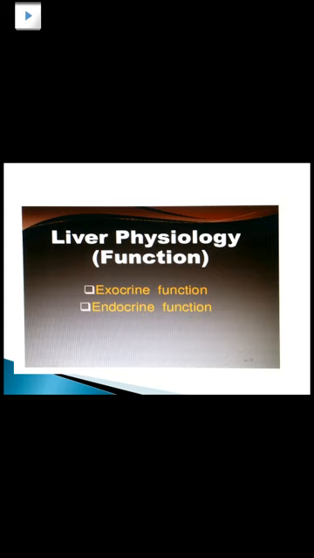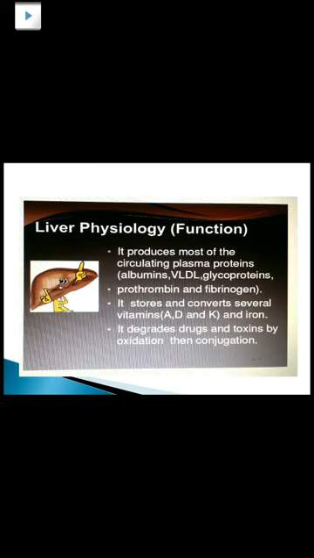The liver physiology, so as you all know, it has a dual function, the exocrine function and the endocrine function. It produces most of the circulating plasma proteins like albumins, very low density lipoproteins, the glycoproteins, the prothrombin, the fibrinogen. So various physiological body functions have a connect with the liver.